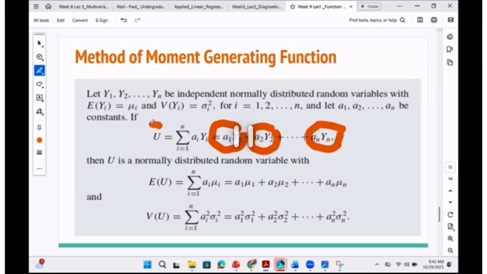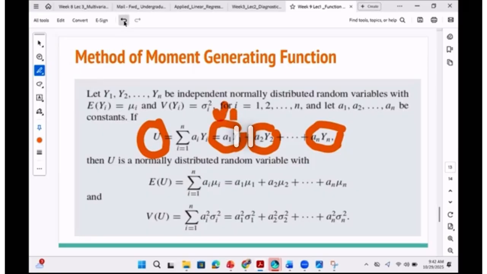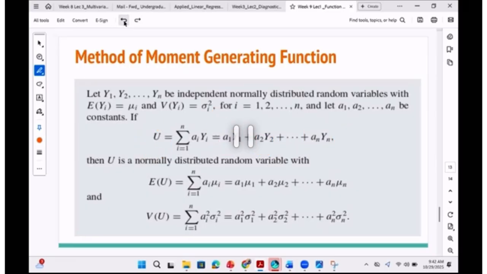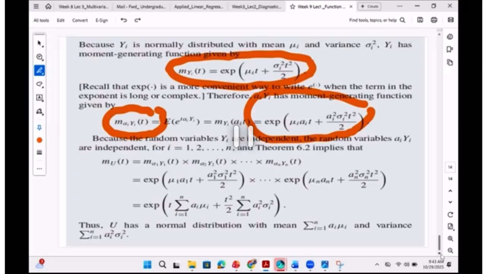So I want to get the moment generating function for the general U. General U equals a1U1 plus a2U2, and so on like that. When you take a look at the general U, this is U1, the U2, and so on. I know the moment generating function for this guy, and this guy, and this guy. If I want the moment generating function for this guy, I will multiply the moment generating functions of each component, which is what I'm doing here.